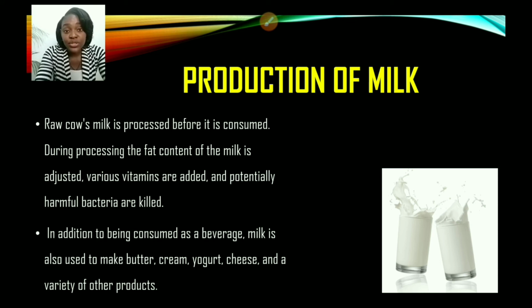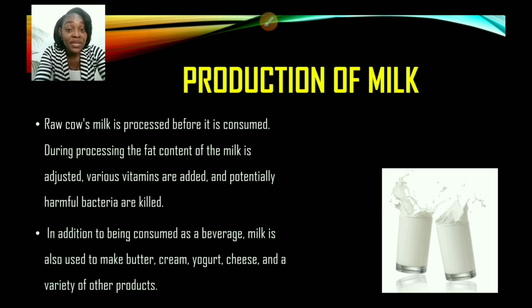Good. During processing, the fat content of the milk is adjusted. Various vitamins are added and potentially harmful bacteria are killed. Now, how are the bacteria killed in the production of milk? Which term did we look at that would refer to this meaning? Awesome. Pasteurization.